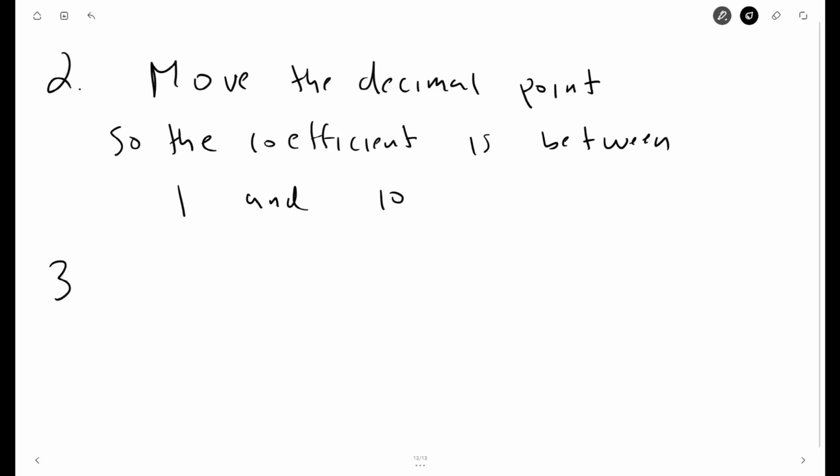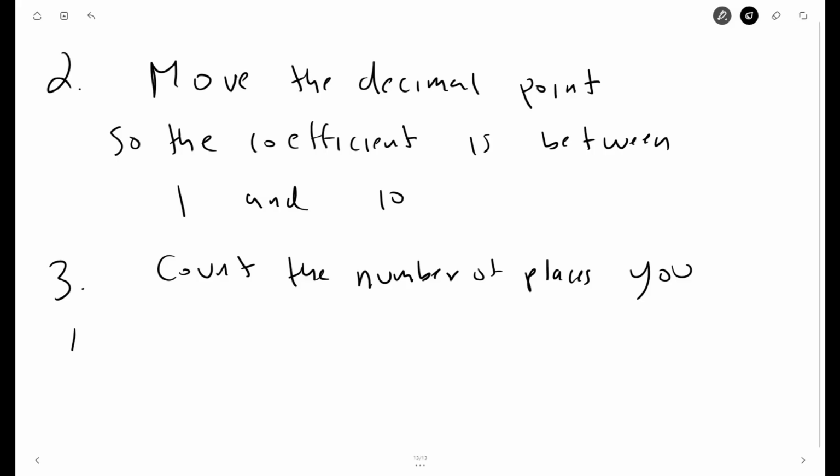Third, count the number of places you move the decimal point.